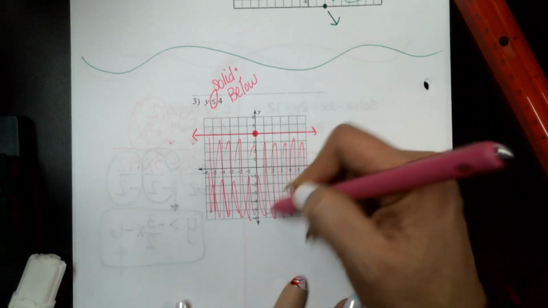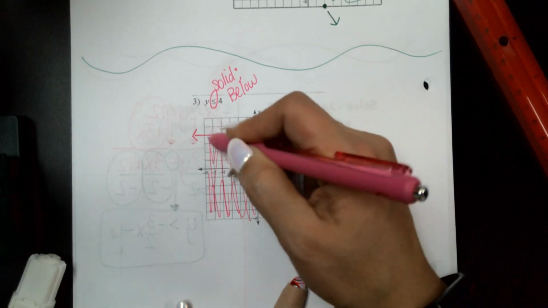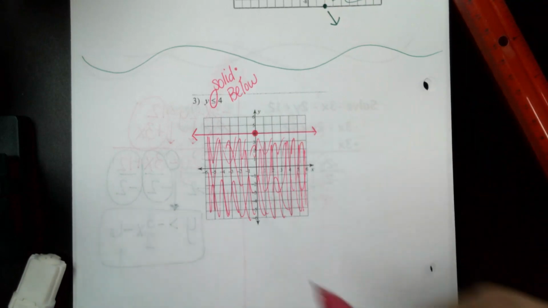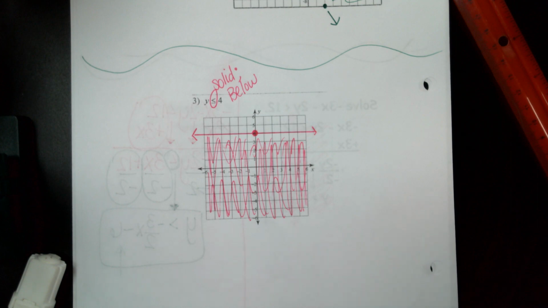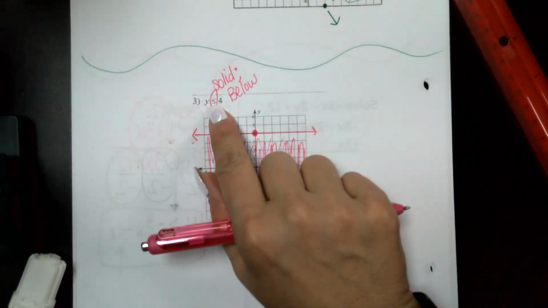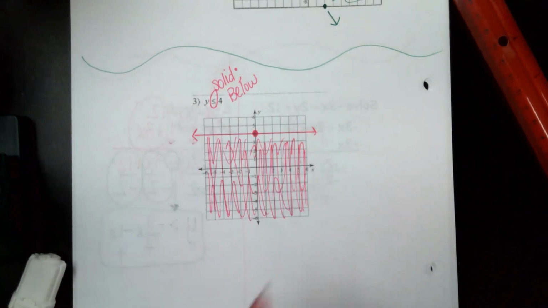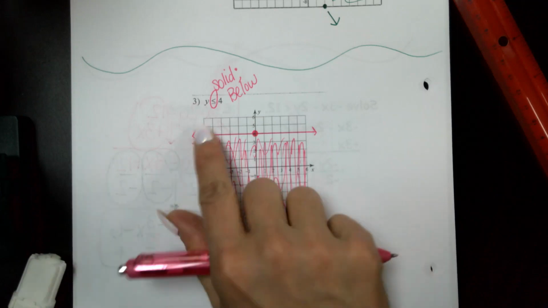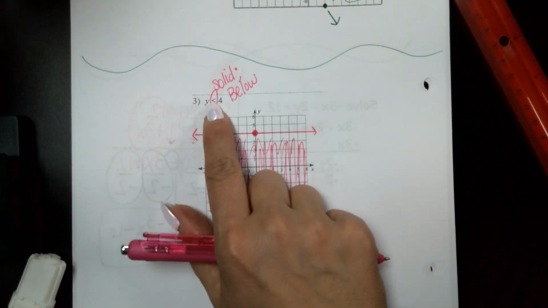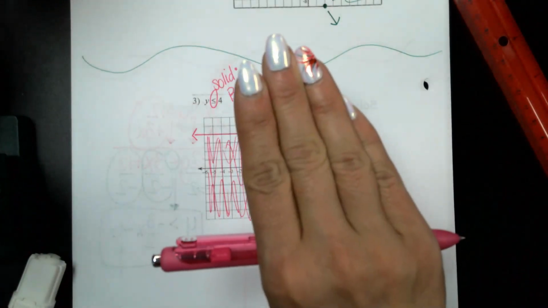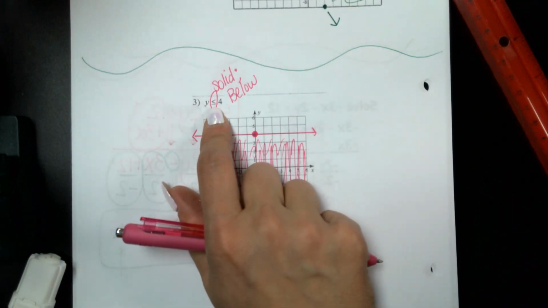You'd be surprised how many people mess that up. It makes sense when I just come right out and say, okay, guys, it's less than, and we are shading below, then that's easy. But if you were sitting there by yourself, would you know that that's less than? Some people struggle knowing the symbol. If you think that that's greater than, some people might shade up. So you have to know the difference between less than and greater than.